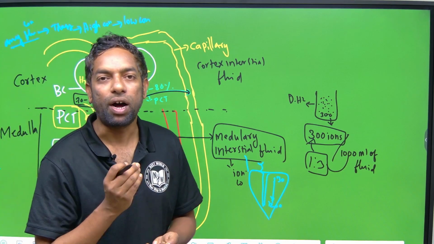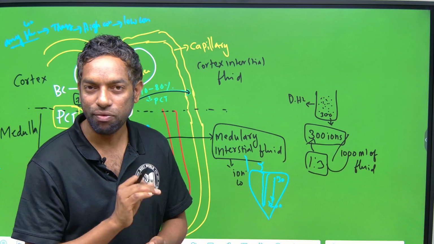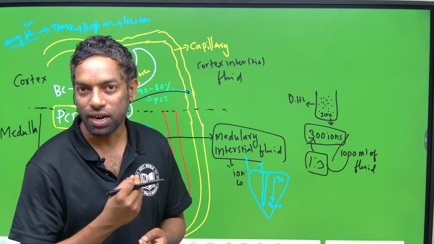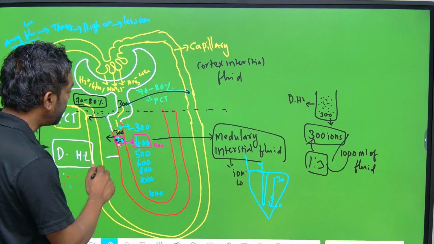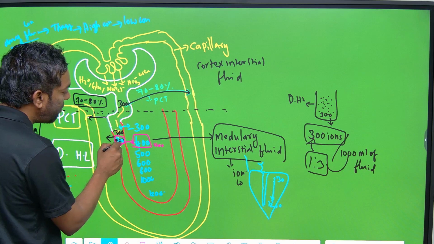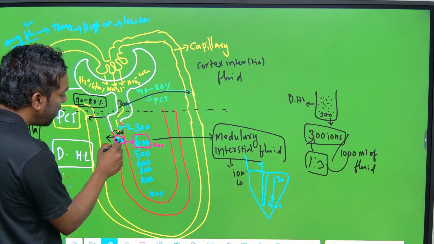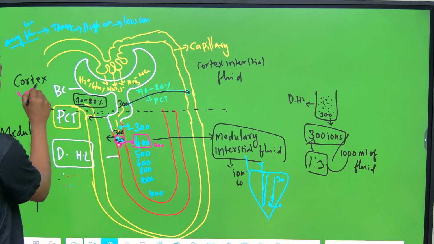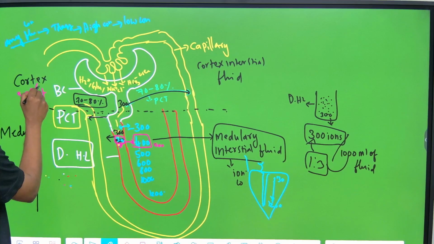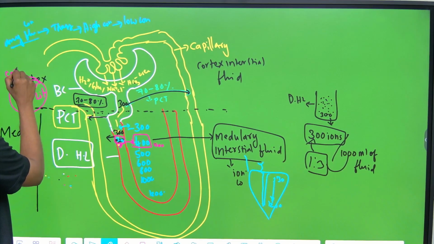There are no ions permeable, only water is permeable. So water itself is going to reach equilibrium here. If there is a loss of water, here water is high, 300 per liter ions, water concentration is high.